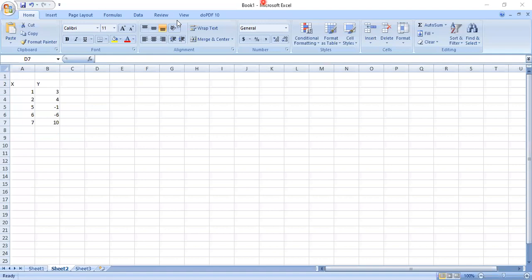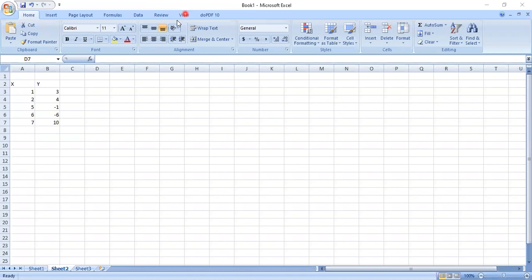Okay. First of all, whenever you get such bivariate data, do not attempt to calculate the correlation coefficient right away.